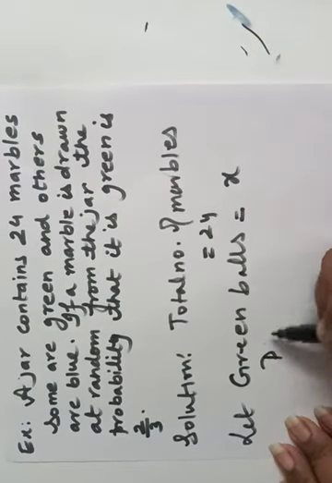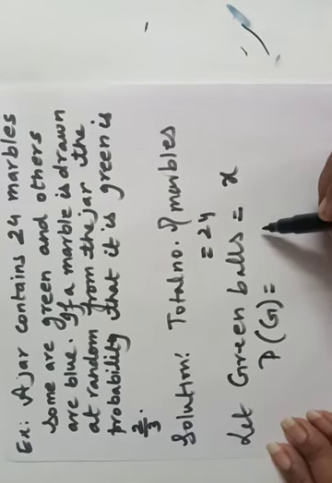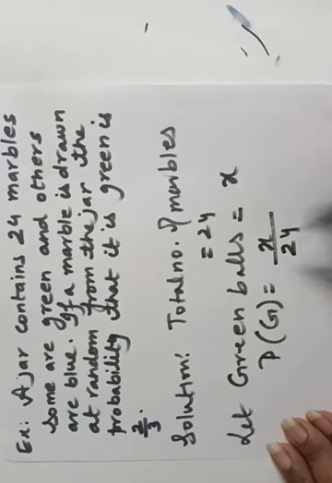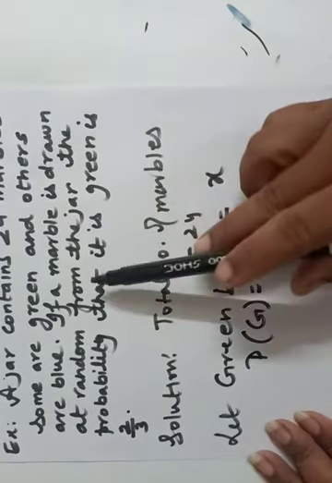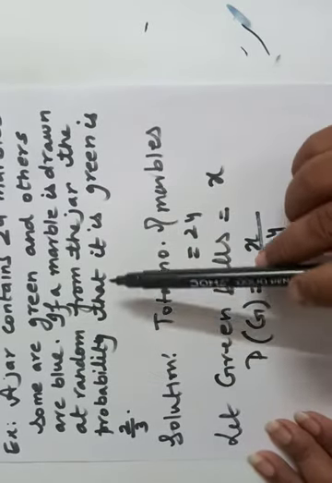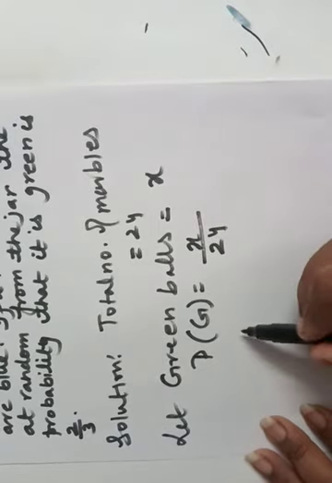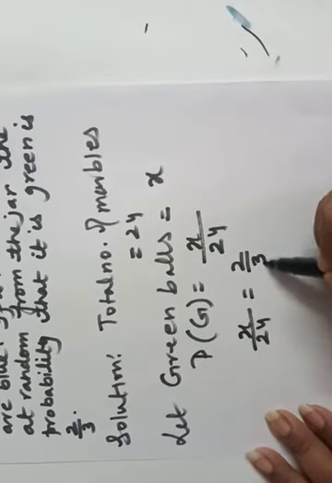So probability of green balls will be equal to favorable outcomes, that is x, upon total number of outcomes, that is 24. But according to the condition, the probability that it is green is 2 upon 3. It means x upon 24 is equal to 2 upon 3.